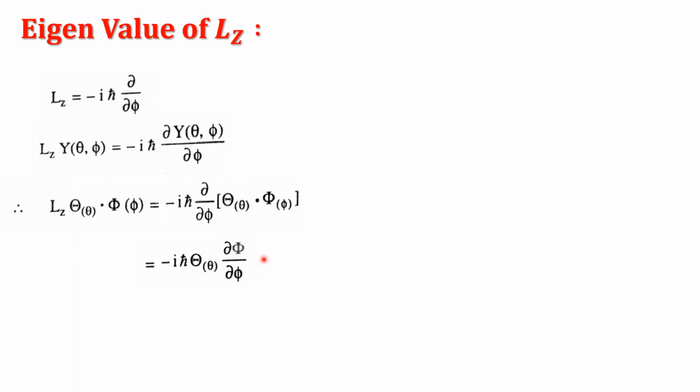Again we simplify, but as you know, phi is equal to 1 divided by square root of 2 pi into exponential i m phi. Simplify this term, and rewrite the differentiation of exponential i m phi with respect to phi.